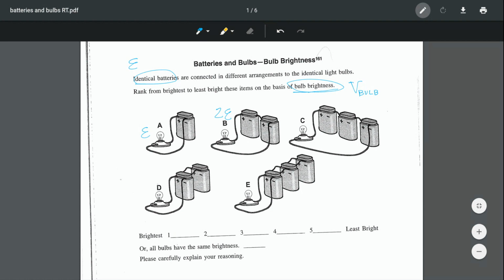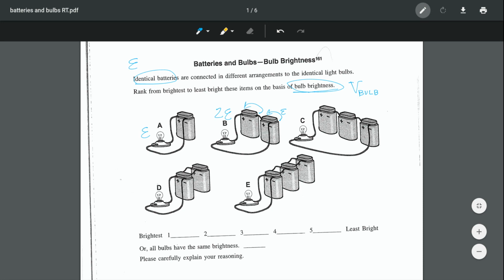You can think about it in terms of loop rule, but really all loop rule is just applying this idea of potential as elevation around your circuit, right? That's really all that's going on there. So here again, at this first battery, I go up from 0 to E, and then at the second battery, I go up from E to 2E there.